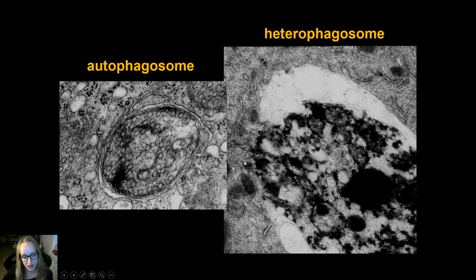Okay, we can also digest organelles which are in the cells, and we call these particles autophagosomes. This is the tubular type of mitochondria.